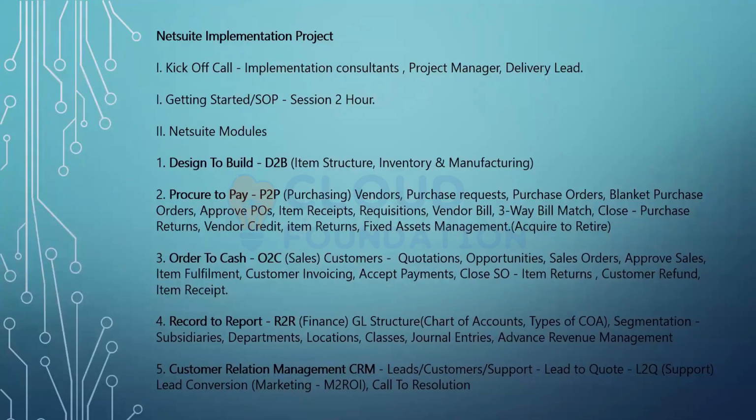In this design to build, you will have the complete item structure. What are the different types of items that the customer has? It could be inventory, non-inventory, other charge items, service items. Now, when we say service items, you must have visited a lot of service centers, a laptop servicing or a mobile servicing.